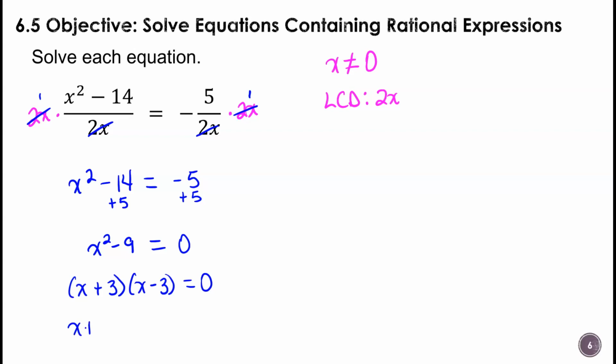We set both factors equal to 0. This is the 0 product rule. And then solve for x. So x is -3 or +3. Once again, these values are good solutions because neither of them were equal to 0. All right, remember we have to leave out the 0.